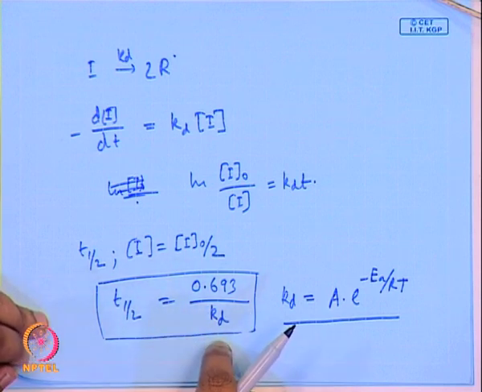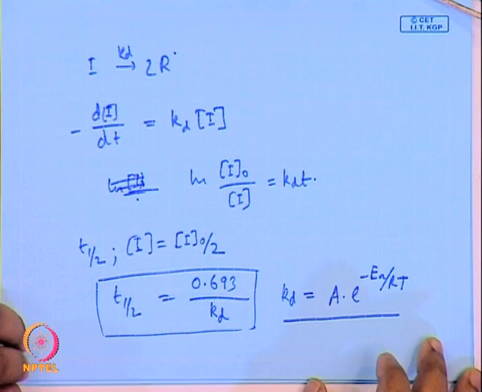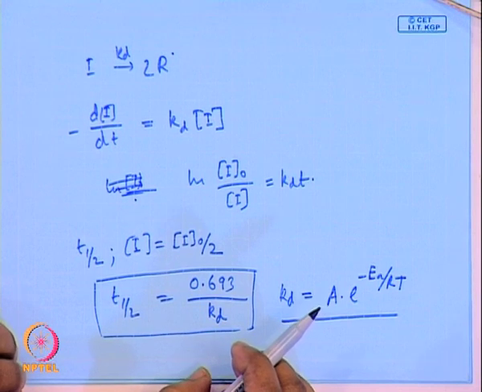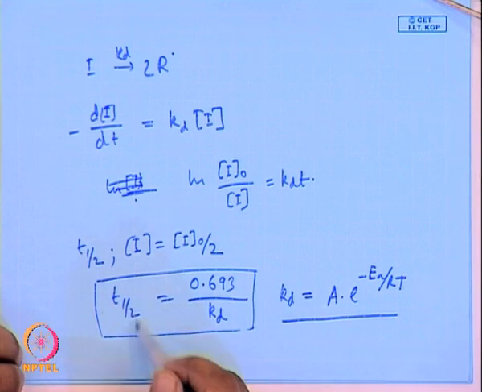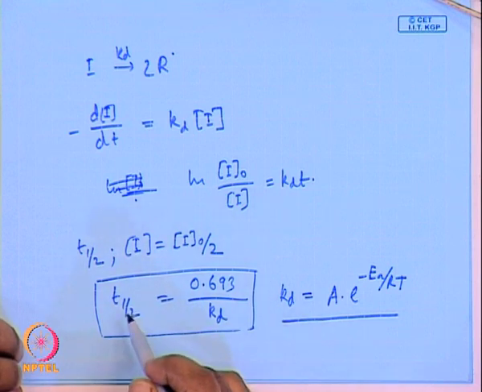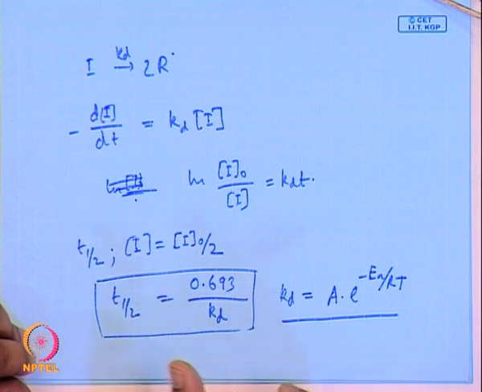Now, if you want to do a reaction, you should have prior knowledge about the initiator molecule, about their t half value or the time it takes to become half. Then you can choose your reaction temperature, or if you want to do your reaction at some particular temperature or a range of temperature, then you can choose the proper initiator for your reaction.